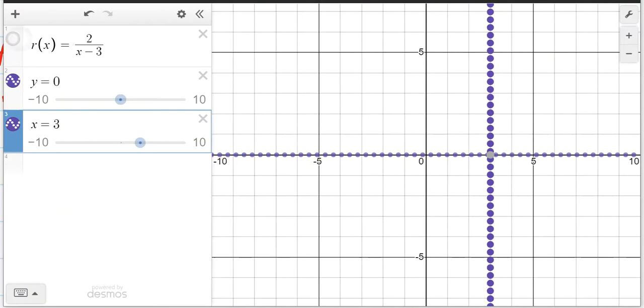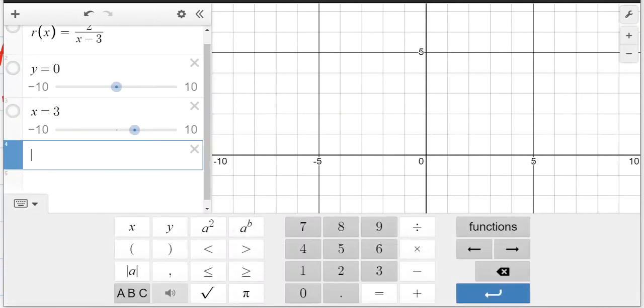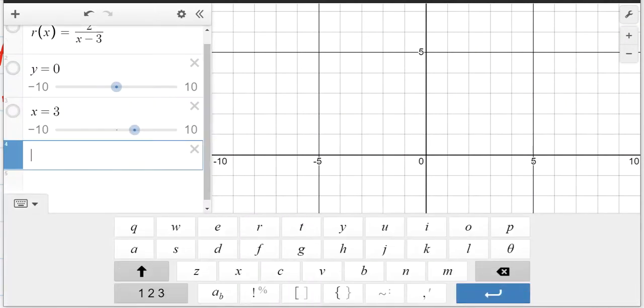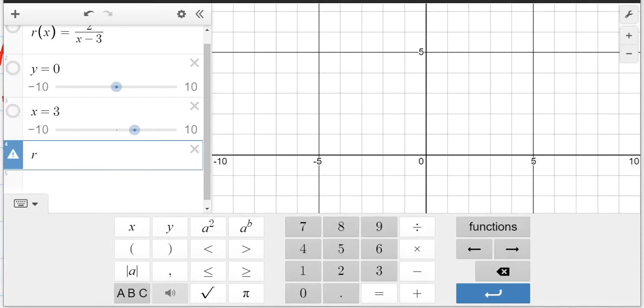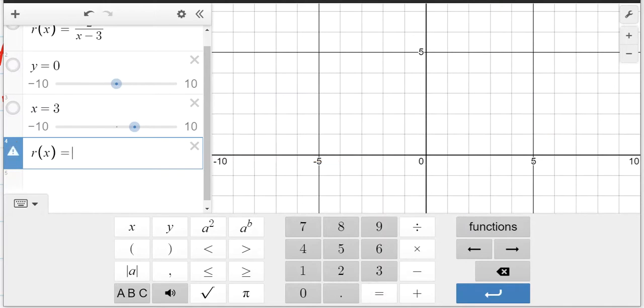I'm just going to turn these graphs off by tapping the icon here on the left-hand side, and I'll be able to create a new one. This time, again, I'm going to use r of x to represent a rational function. It's not necessary that you use r of x. You could use f of x just as easily, but I do want to use function notation in case we end up creating data points to go along with this.